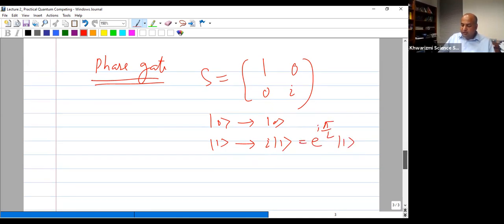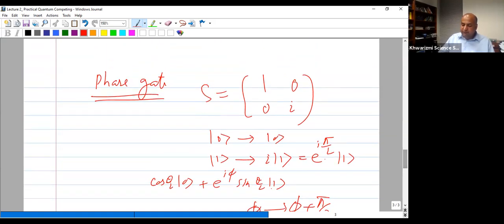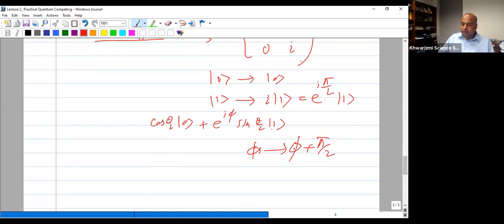So if we take our general state cos theta by 2 |0> plus exponential i phi sine theta by 2 |1>, then with |1> it will add this i, which is pi by 2. So phi goes to phi plus pi by 2. So this is a gate which adds a pi by 2 phase to the angle phi.